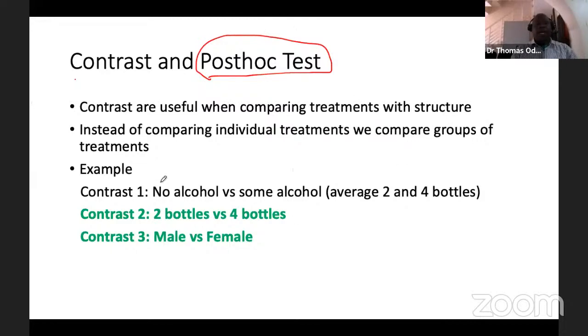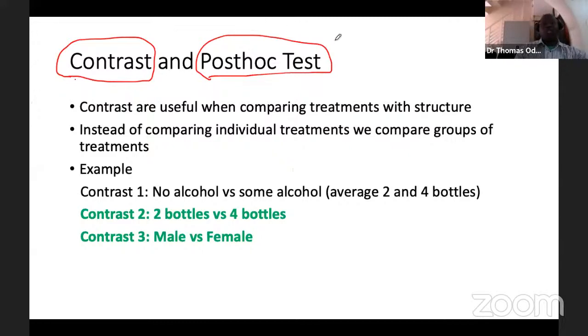Okay. So one way of doing a post ANOVA is to run what we call a contrast. A contrast is used when you have treatment sets that have a good structure in them. So instead of comparing individual treatments, we actually compare groups of treatments.